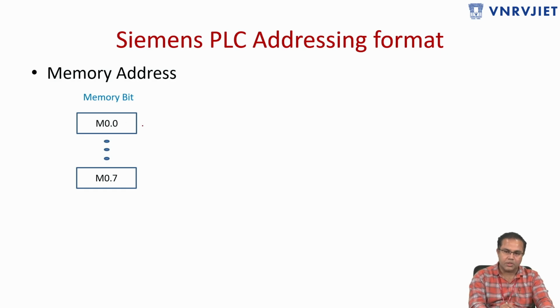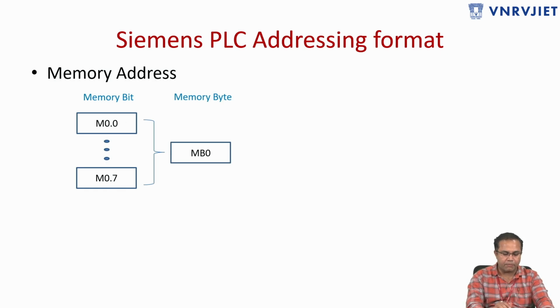Now M0.0 to M0.7 form 8 bits, and these 8 bits together can be used as 1 memory byte, represented as MB0. MB0 consists of 8 individual bits, that is M0.0 to M0.7.